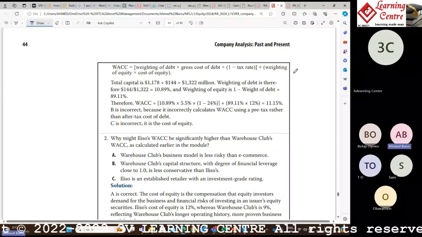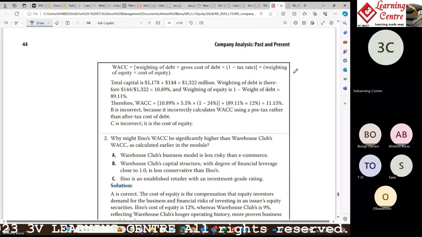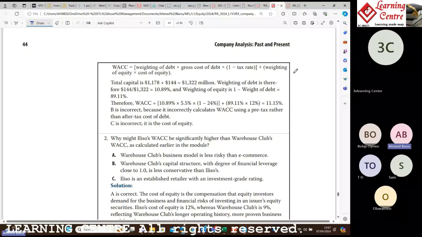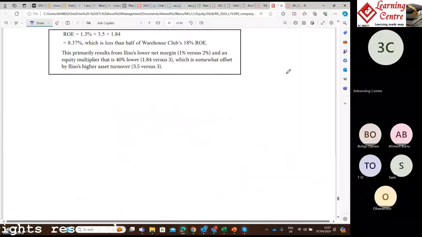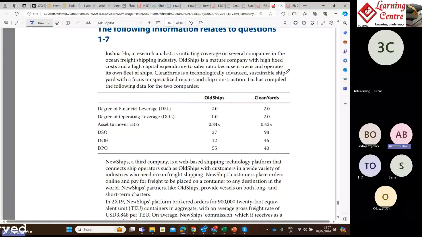Where is the capital coming from? Where is the capital going to? Is the capital increasing profitability? Is the capital increasing efficiency? What's the degree of financial leverage and all that? And with these few points of mine, I have once again come to the end of this reading.